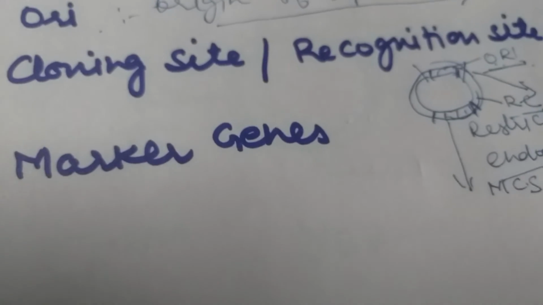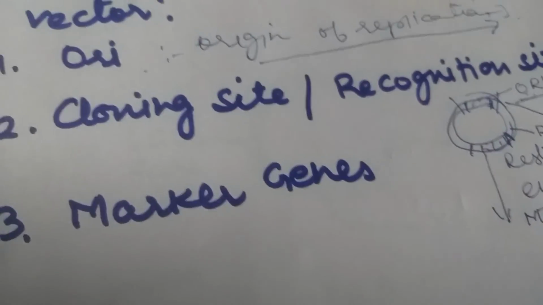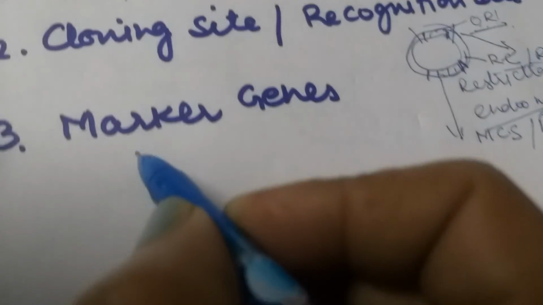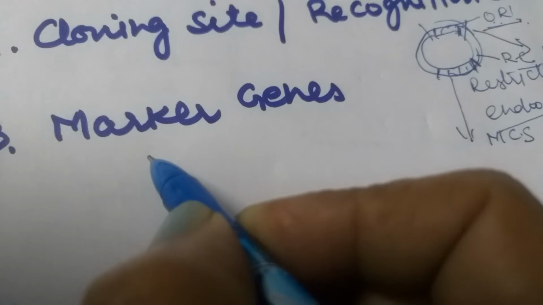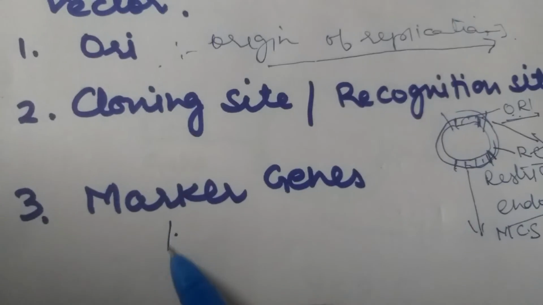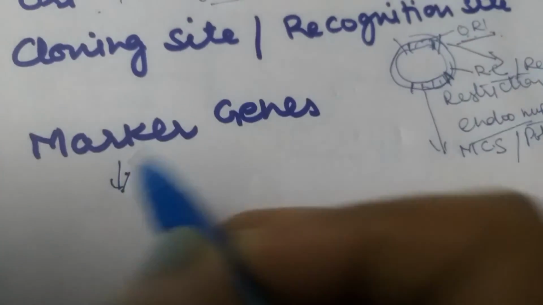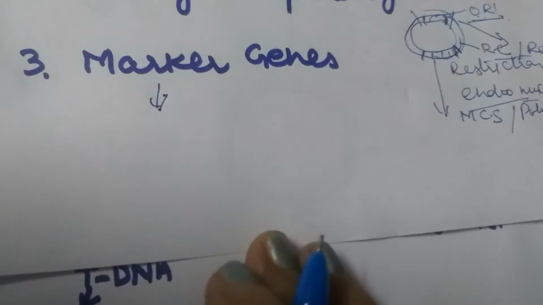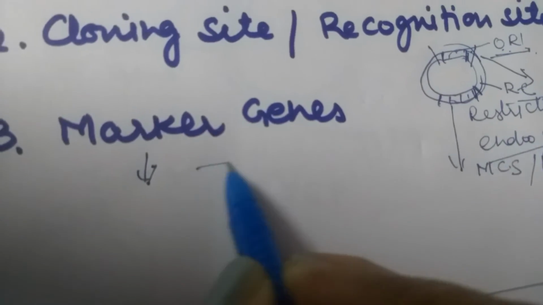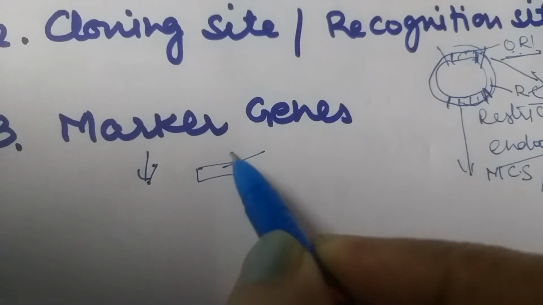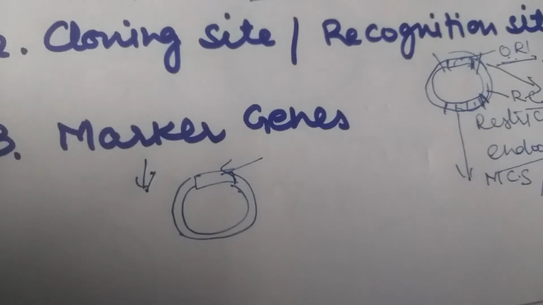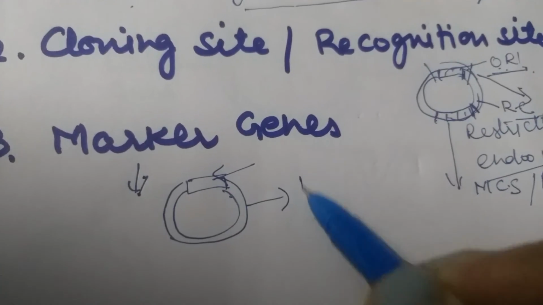Then another feature which a cloning vector should have is marker genes. A selectable marker gene is a site over the segment of DNA that allows the selection of positively transformed cells. What does that mean? You have a desired segment of DNA which you have inserted onto the vector, and then you have introduced it into the host cell.